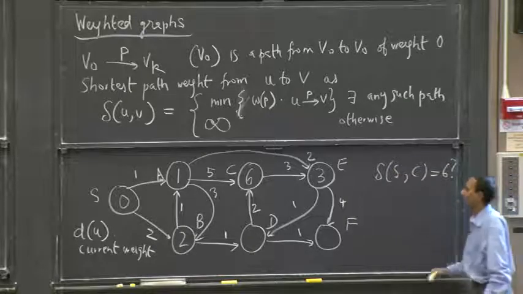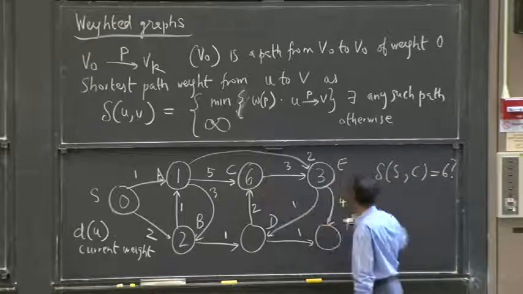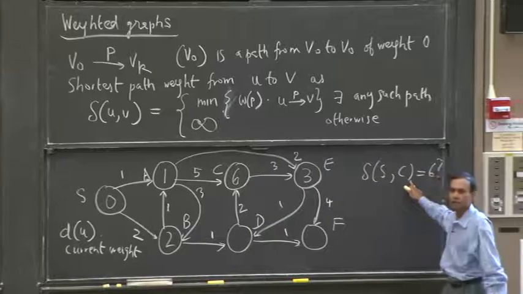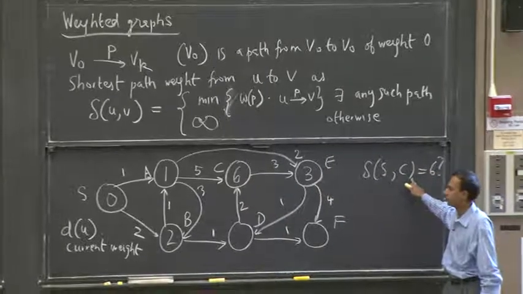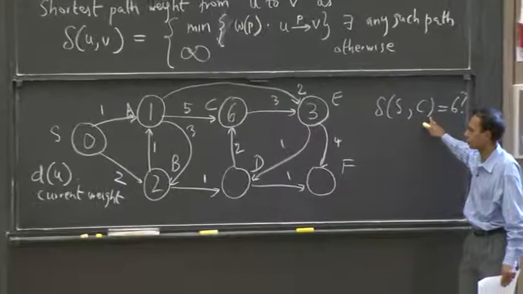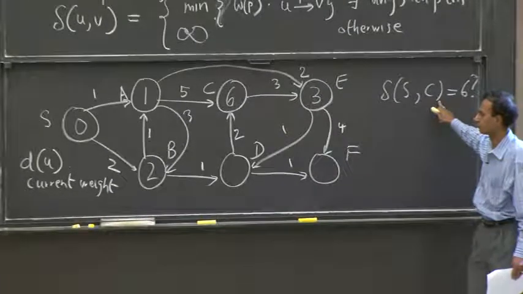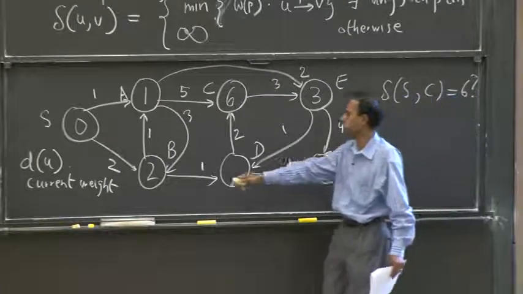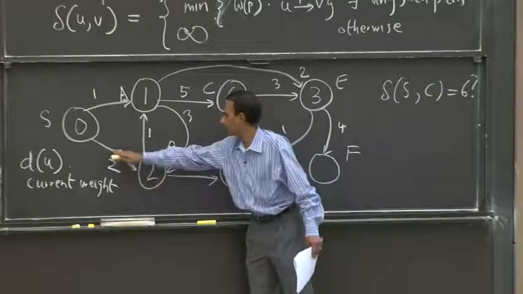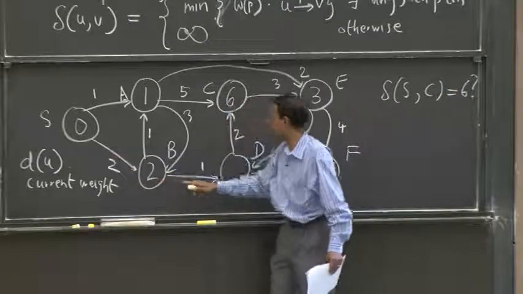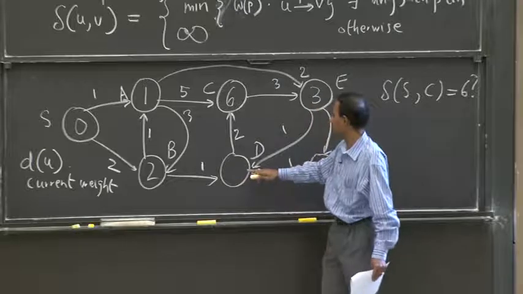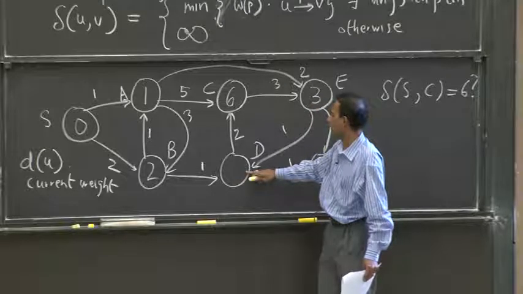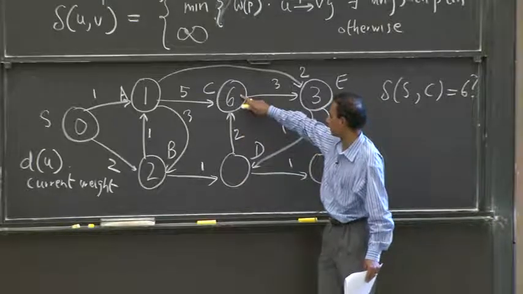No. Is there a better way of getting to C? And what is the weight of that? What vertex do I have to go through? I mean, one way is to go from S to B to D to C, right?